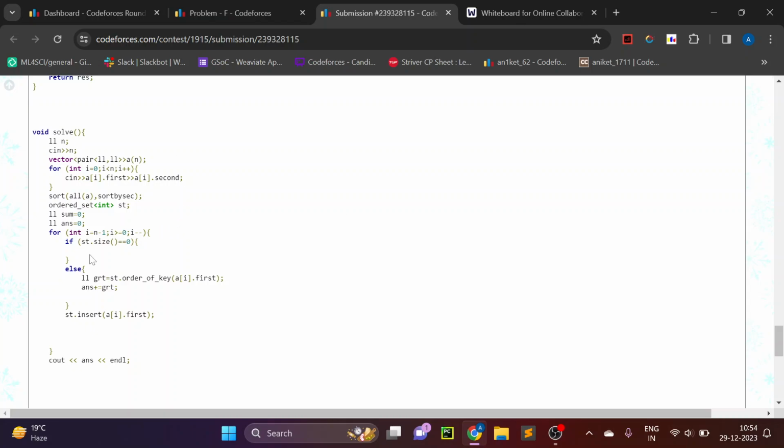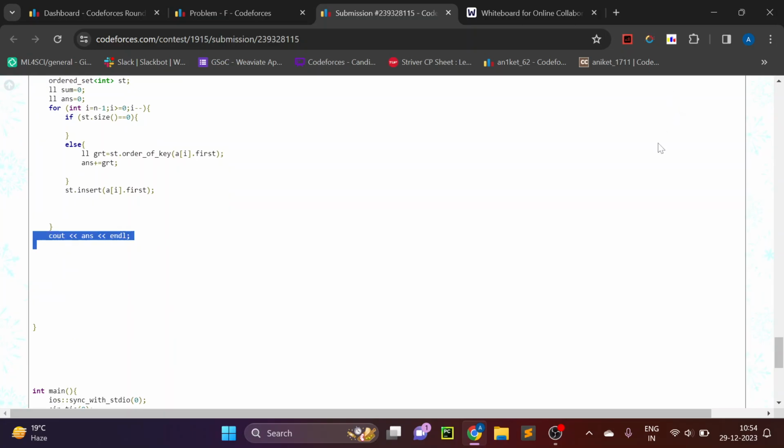So there are no such options. And else I will just calculate st dot order of key of a of I dot first, and add that value to answer, and I will just insert a of I dot first in ordered set, and finally print answer.